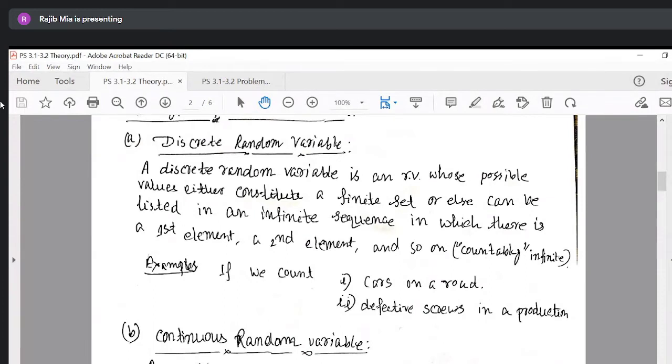Countable infinite set means the set is infinite, but we can count the elements of that set. Uncountable infinite set means the set is infinite, but we cannot count; there are so many elements in that set. So give an example of these two types of set. Tell me an example of an uncountable infinite set.